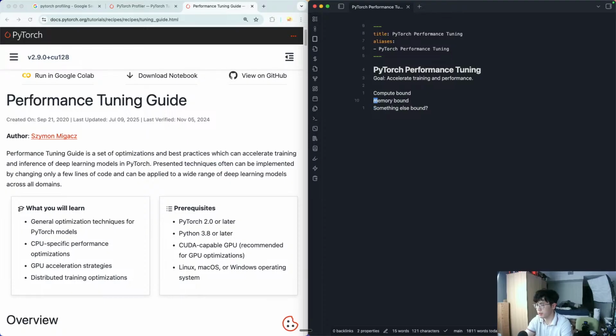Compute bound, memory bound, and data bound. Okay, I guess data bound is your data loader. Memory bound can be GPU memory bound. Okay, let me just take whatever chat is saying here.